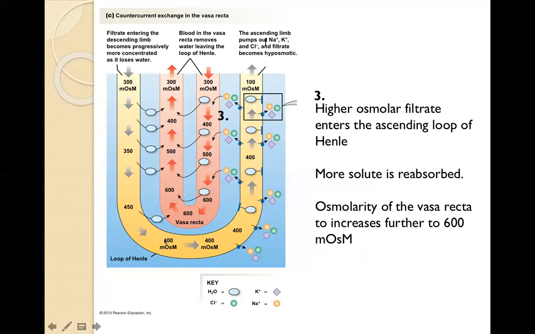So now this cycle continues, and this now higher concentration of solute is going to enter the thick ascending limb of the loop of Henle, and even more solute is reabsorbed. As more solute is reabsorbed and it goes into the bloodstream, the plasma osmolarity increases further to about 600 milliosmoles.